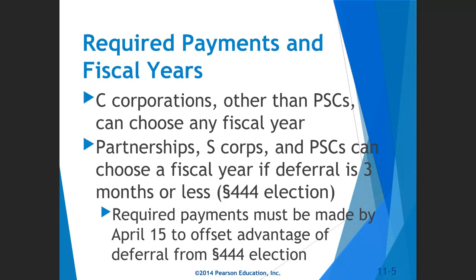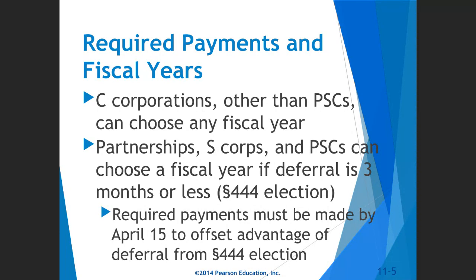A partnership generally must use the same tax year as the partners who own the majority, greater than 50%, of partnership income and capital. If a majority of partners do not have the same year, the partnership must use the tax year of its principal partners. Those with more than 5% interest in the partnership.